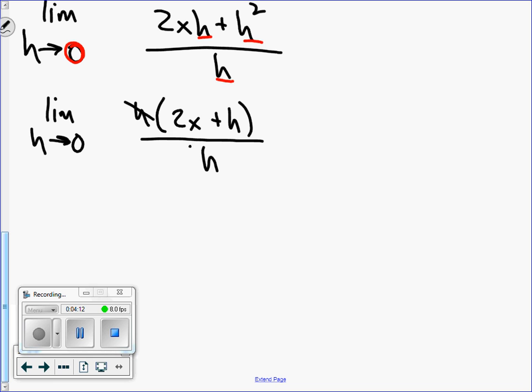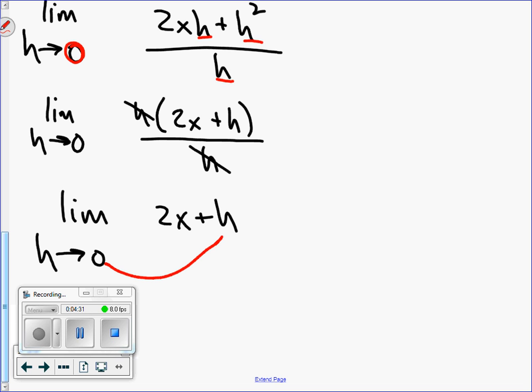So now these will cancel, and the issue that we were having no longer exists. The h that was in the denominator is gone, so I don't have to worry about getting 0 over 0. And I can evaluate the limit as h approaches 0 by plugging the 0 in here, and we get 2x.